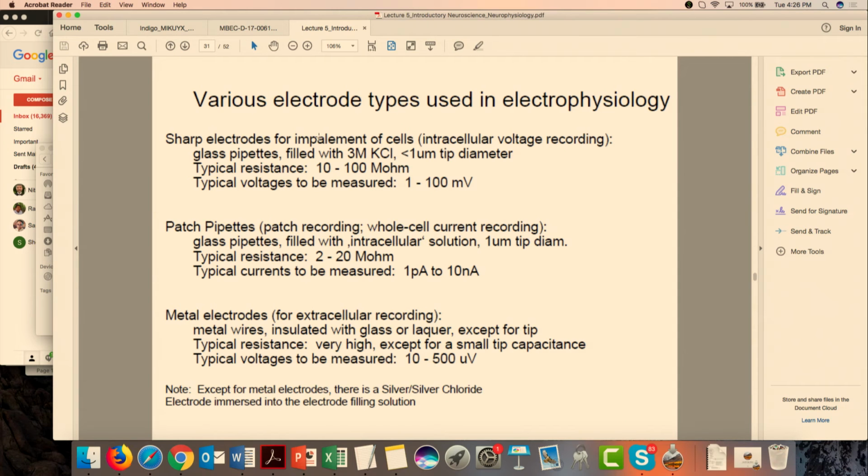There are many different types of electrodes. There are sharp microelectrodes that go into the cell to measure voltage. There are these patch electrodes that measure currents, 1 picoampere to 10 nanoamperes, so very small currents. And there are metal microelectrodes. When did I last mention these metal microelectrodes? For what?